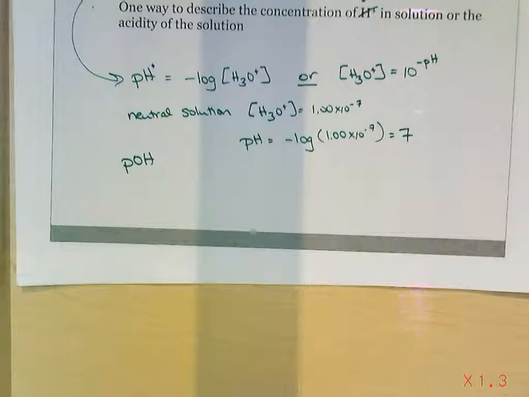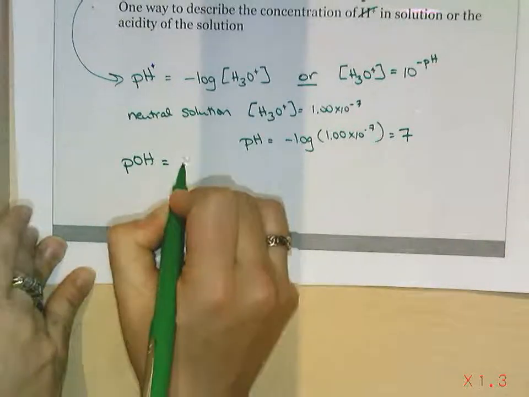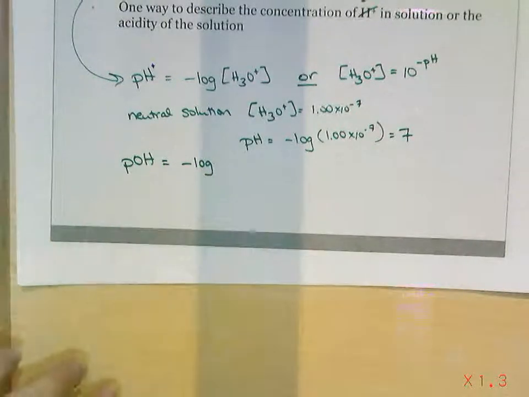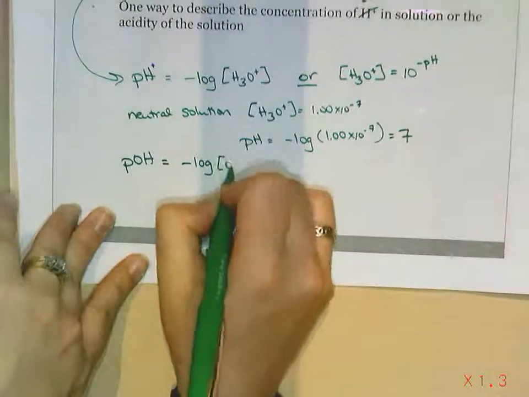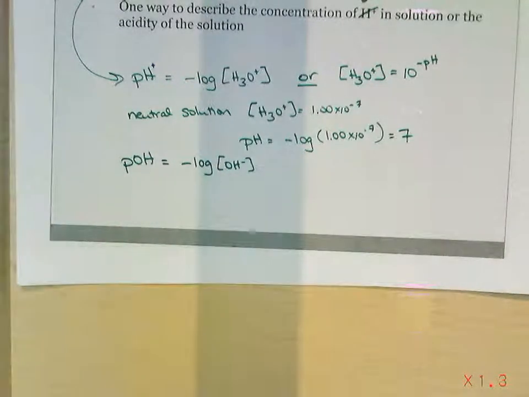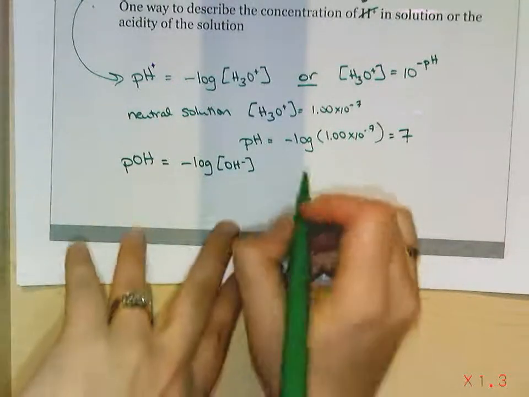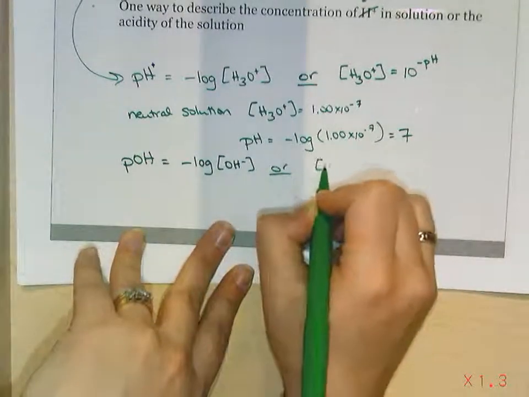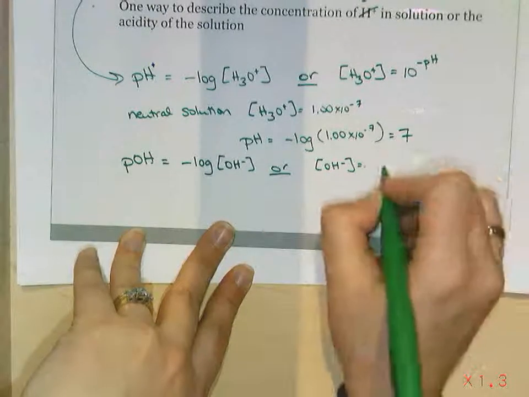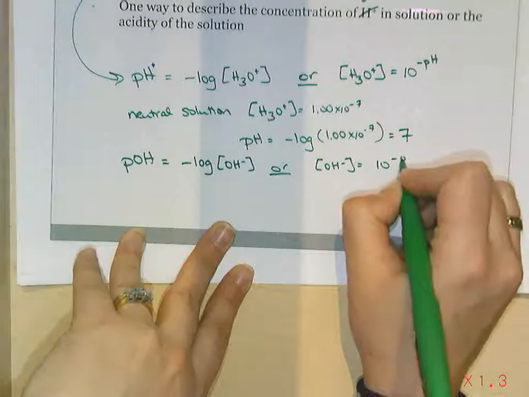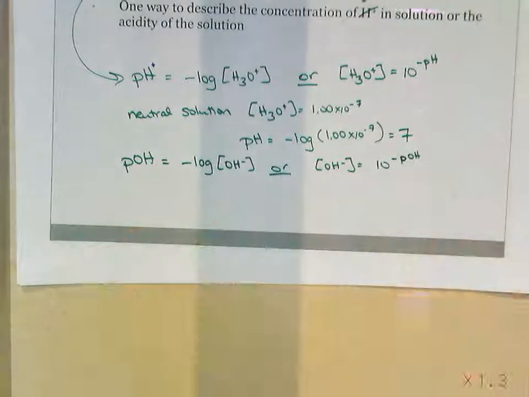So I'm going to take the negative log of the OH minus concentration in order to figure that out. The same would be true if I wanted to figure out just the hydroxide concentration by itself.